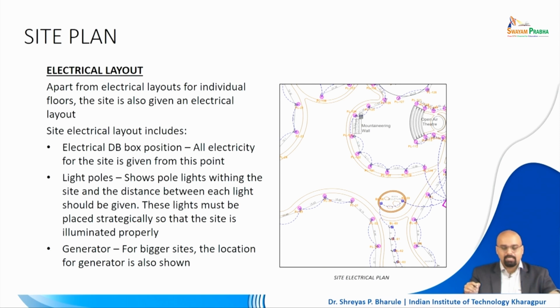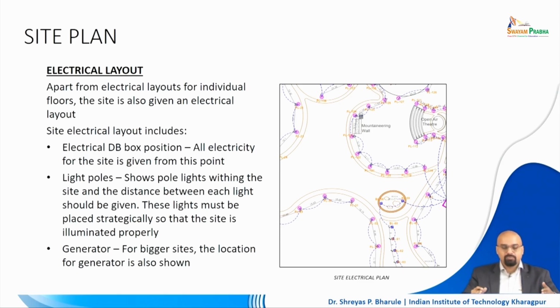Coming to the electrical layout, this is separate. This also has a flow of power, but it is separate from all three earlier utilities we were talking about. Electricity and water should not meet. That is a common sense thing which is to be practiced on all sites.